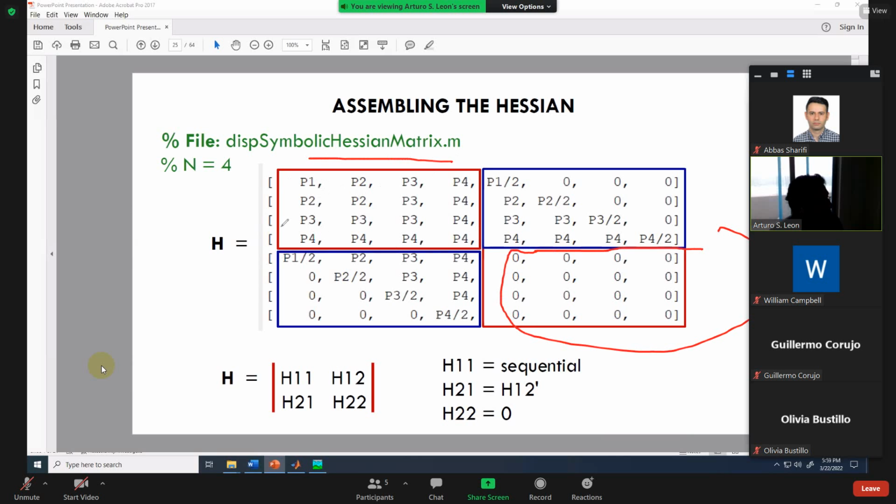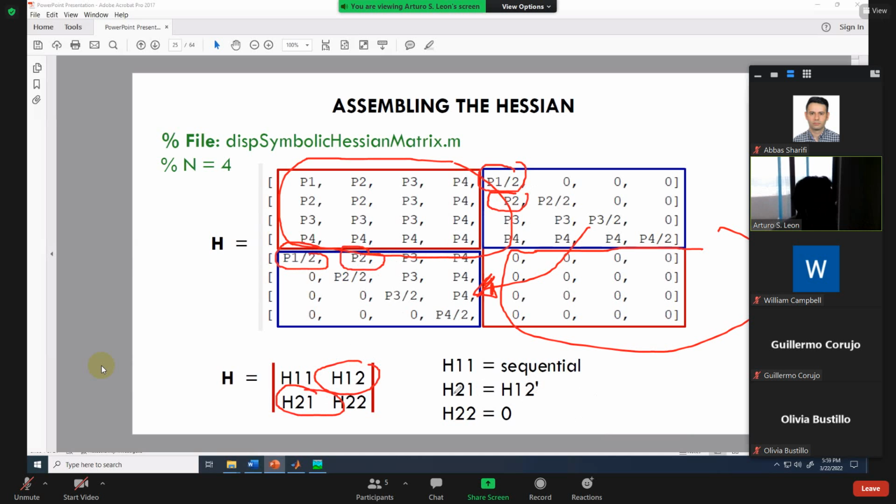So you see it's repeating, it has a pattern. And also these parts are kind of transposed. You have P1 half here, P1 half here. You have P2 here, but this P2 comes here, right? So they are kind of flipped. For example, this is H1,2, and this is H2,1, because it's flipped.